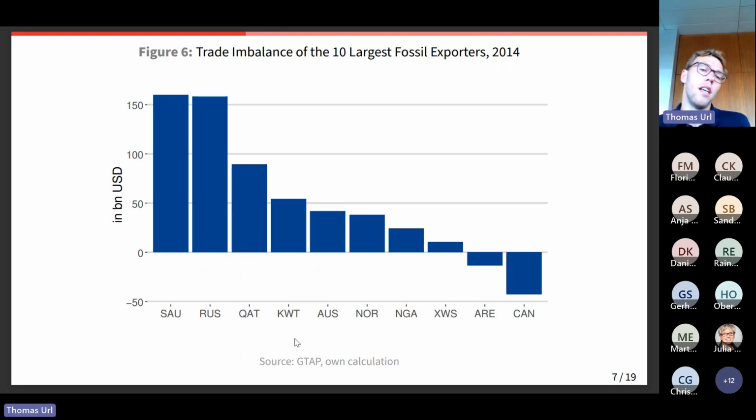This trade surplus enables them to export more of their dirty goods that cause carbon emissions when burned, than if they couldn't export as much with their trade surplus.